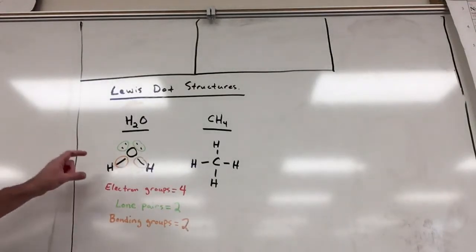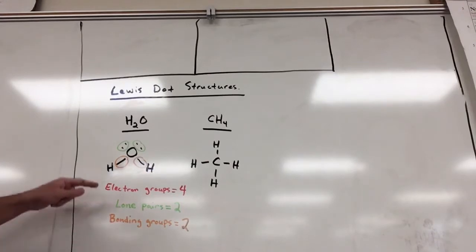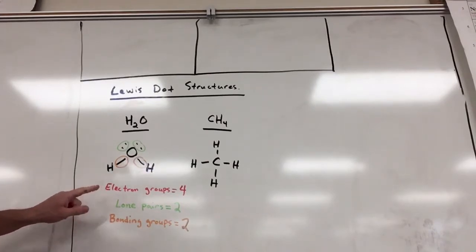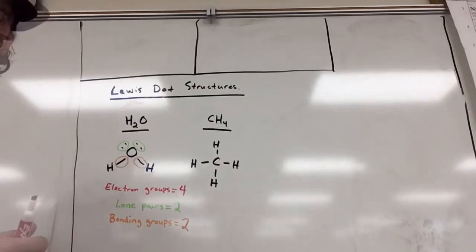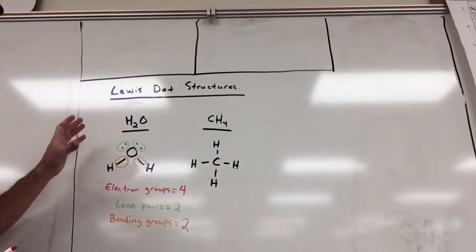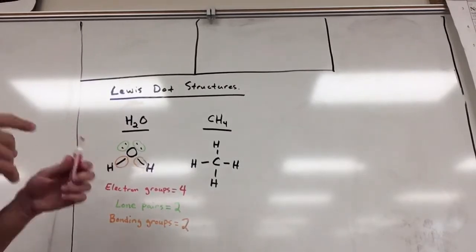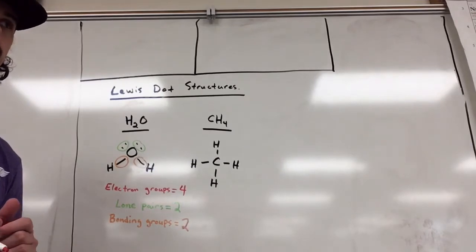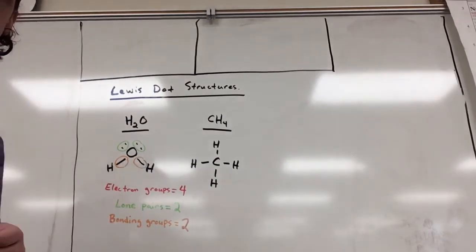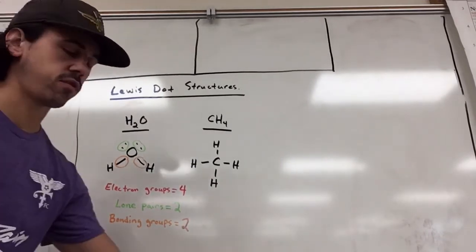It's good to get this practice in now to start being able to identify how many total electron groups we have, how many lone pairs, and how many bonding groups, because this is going to end up determining the shape of our molecular compound or the shape of our molecule. We're going to get more into that when we start talking about VSEPR theory at the beginning of next week.